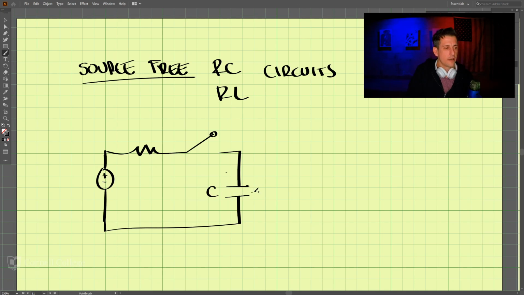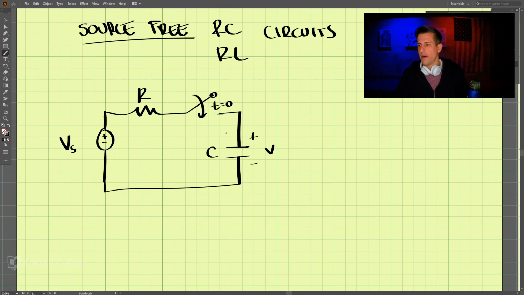We're looking for the voltage across that capacitor. And this is our voltage source here. And at time t equals 0, this becomes a closed circuit.